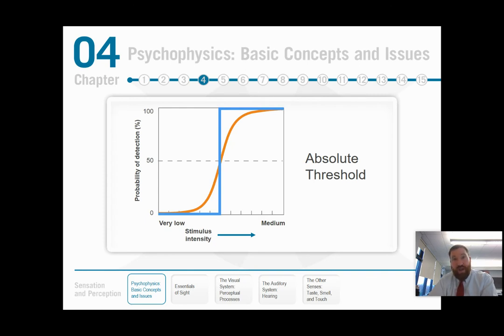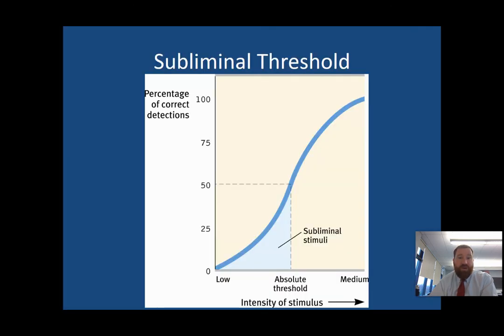You would take in those calories from the sugar. You just wouldn't taste it, right? It's below your absolute threshold. Stuff that's there, that's below the absolute threshold, is what is called the subliminal threshold. That is the stimuli that is present, but it is not detected. Okay, it is not detected by the average person.